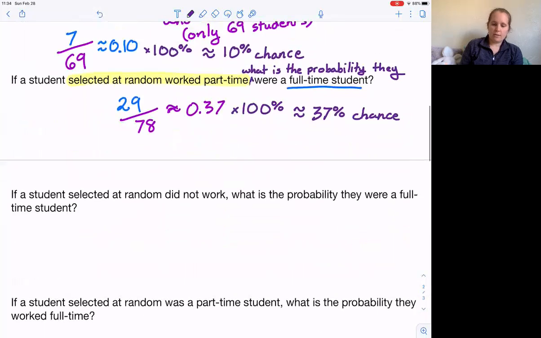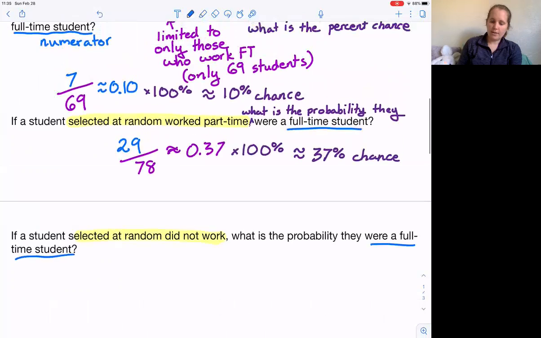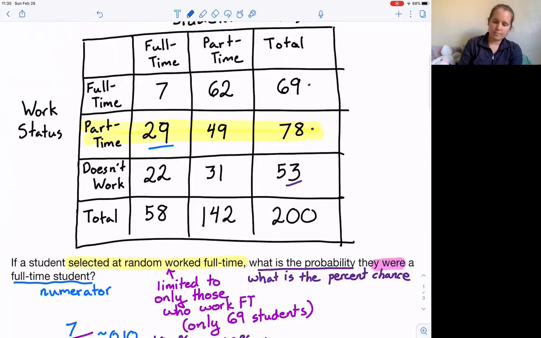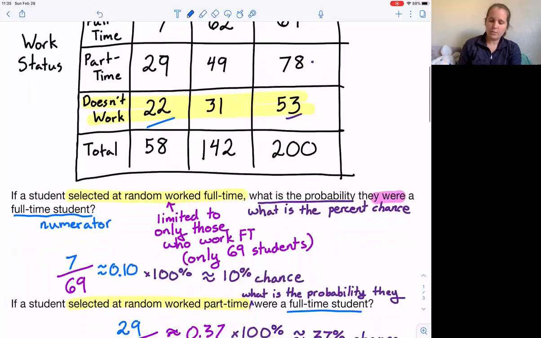Next up, let's look at those that do not work. So if a student selected at random did not work, that's what we are now limiting ourselves to. We want to know what is the probability that they were a full-time student. So going back to our table, we are now looking at those that do not work. So we only are looking at a total of 53 students here. And of those, 22 were full-time students.